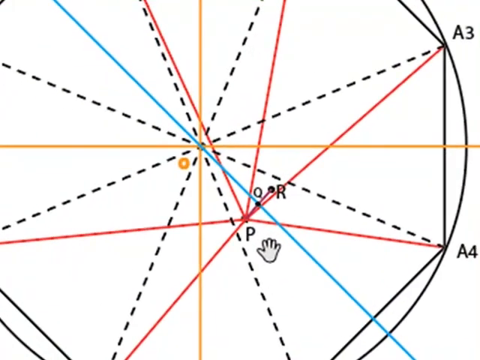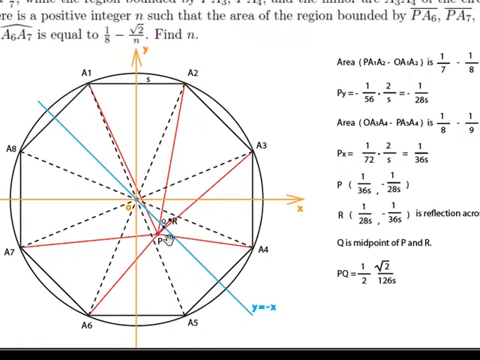So now that we have the length PQ, we can find the area difference between PA6A7 and OA6A7. The difference between the two areas is PQ times S divided by 2, and this would give us rad 2 over 504.